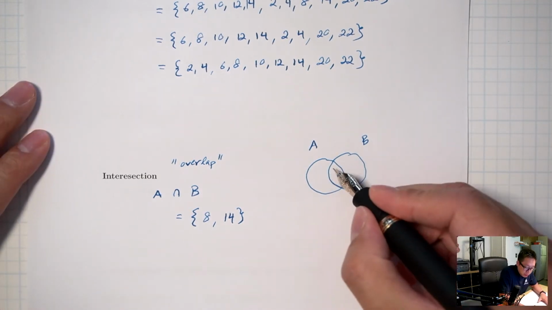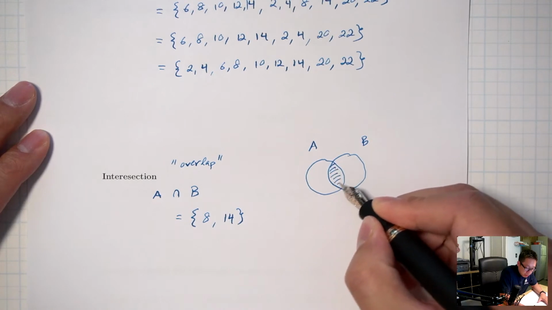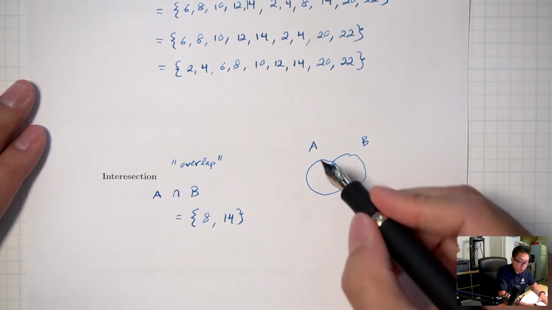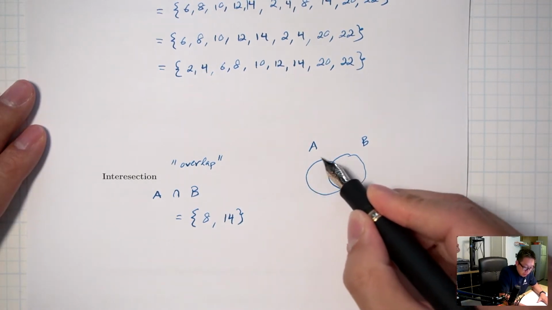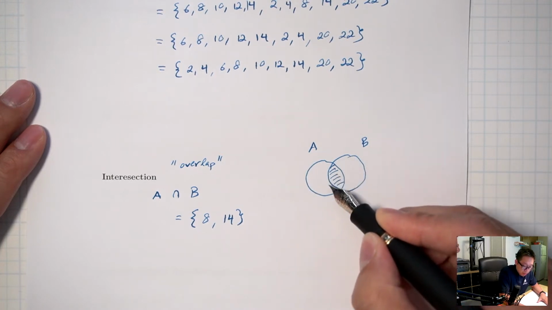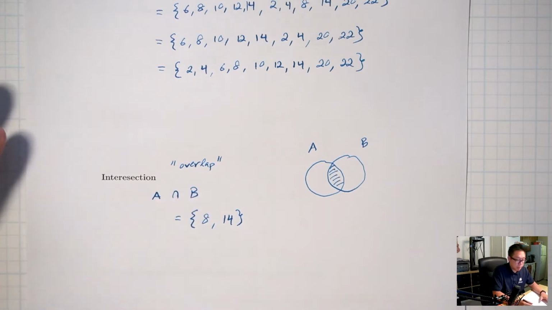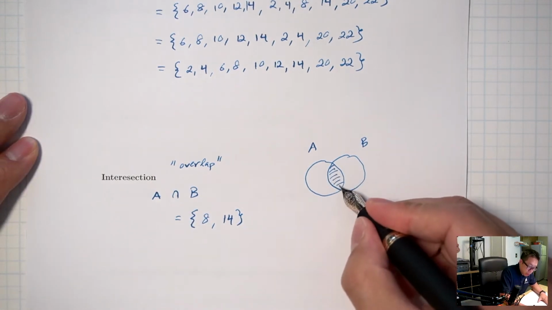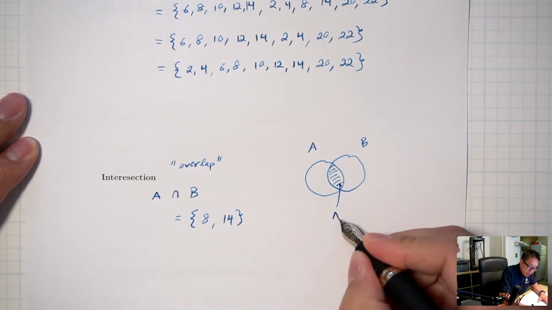Notice that this area in the middle is in both circles. So it's in circle A, and it's also at the same time in circle B. That's what I mean by the overlap. So the overlapping part is the intersection.